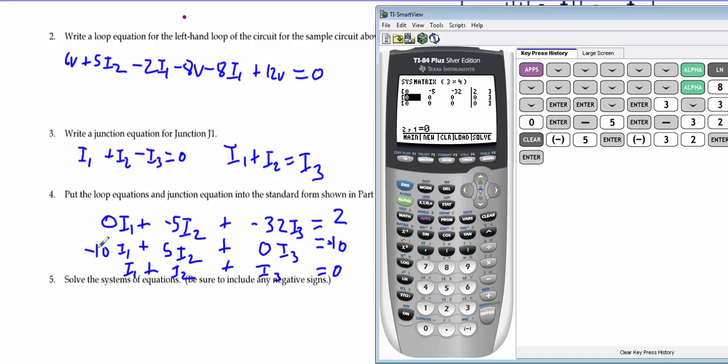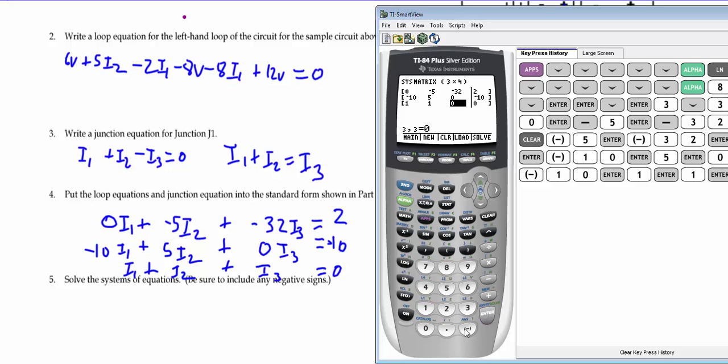And then our next equation we have -10, +5, 0, and -10.